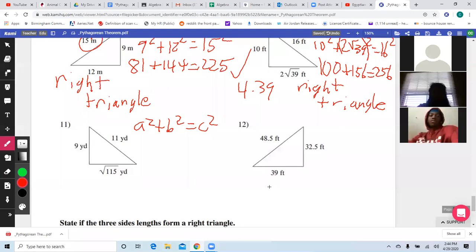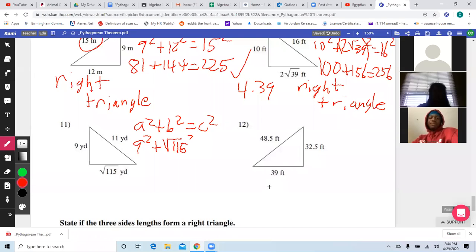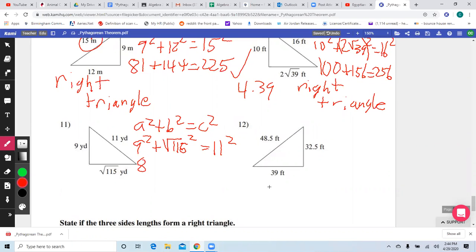So this will be 9 squared plus the square root of 115 squared is equal to 11 squared. So now let's go ahead and just do the math here. 9 squared is 81. The square root of 115 squared, this one's easy because remember the square root and the square cancel each other out. So this is 115. And then 11 squared is 121.